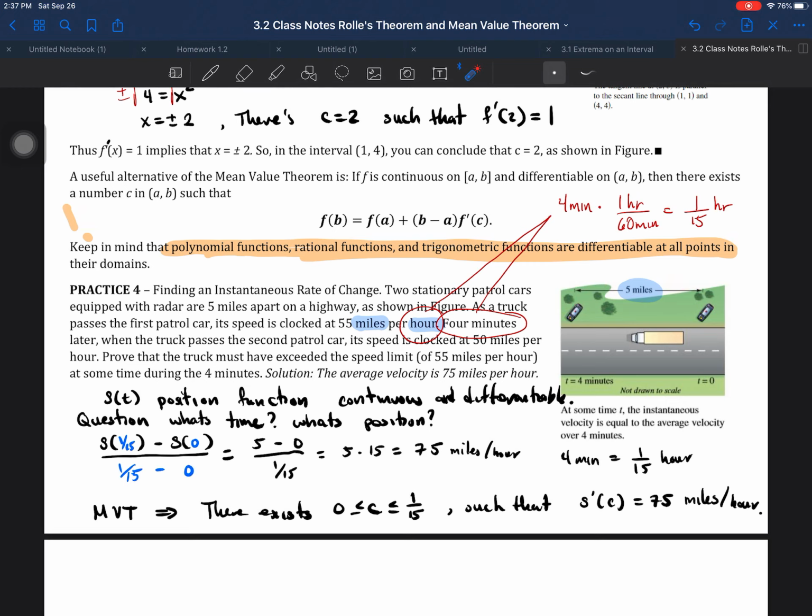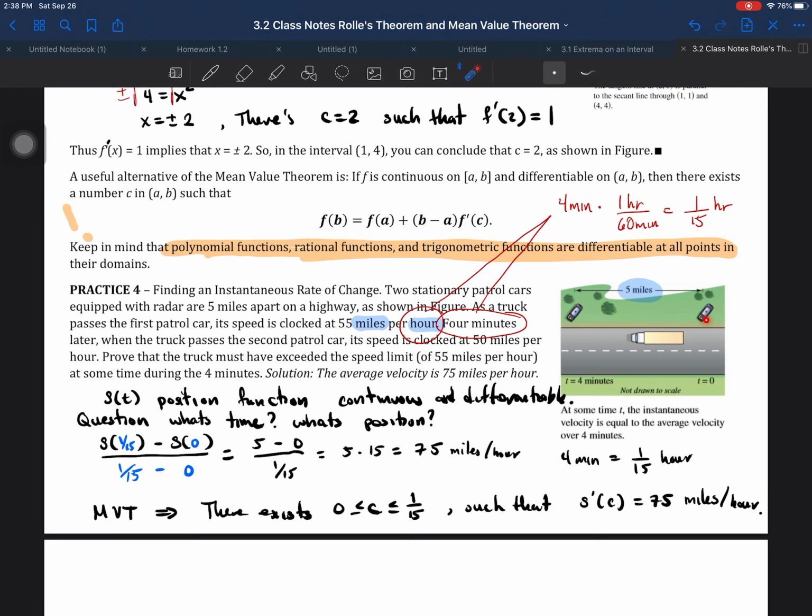Now we plug it into the position function and subtract the position function at 0, all divided by the time, which is 1/15 of an hour minus 0 hours. What is the position at 1/15 of an hour? They told us that it was 5 miles away.